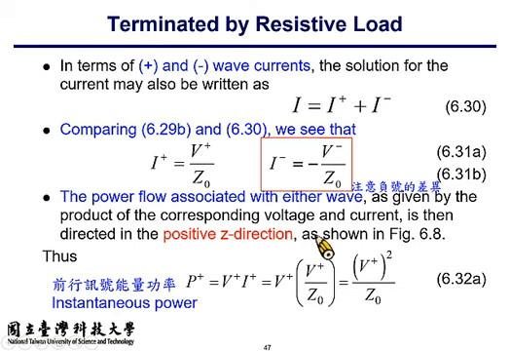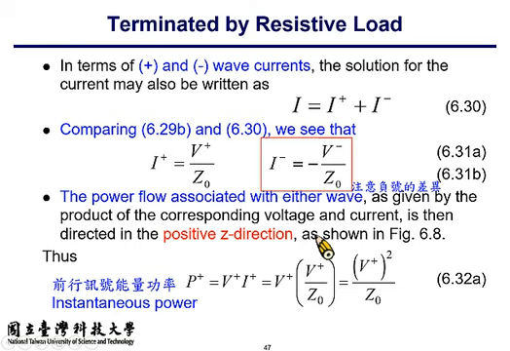Now, this applies if you have both forward-going and backward-going components within the transmission line. On the other hand, if you only have forward-going components in the line or only backward-going components in the line, then the ratio between the voltage and the current is Z sub 0, the characteristic impedance. So you need to be careful about this.